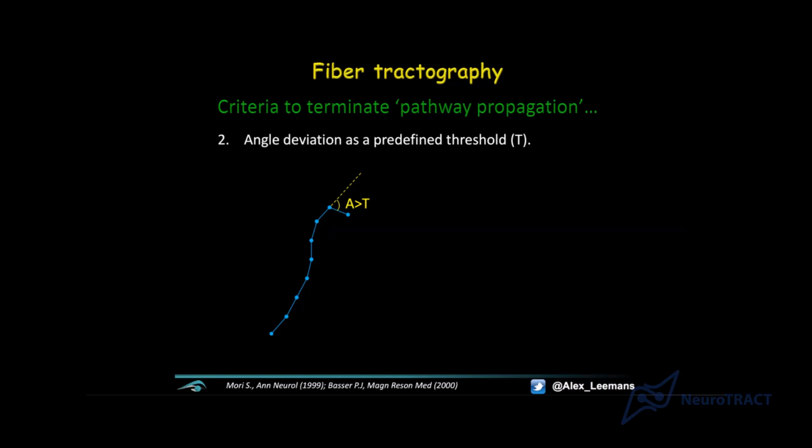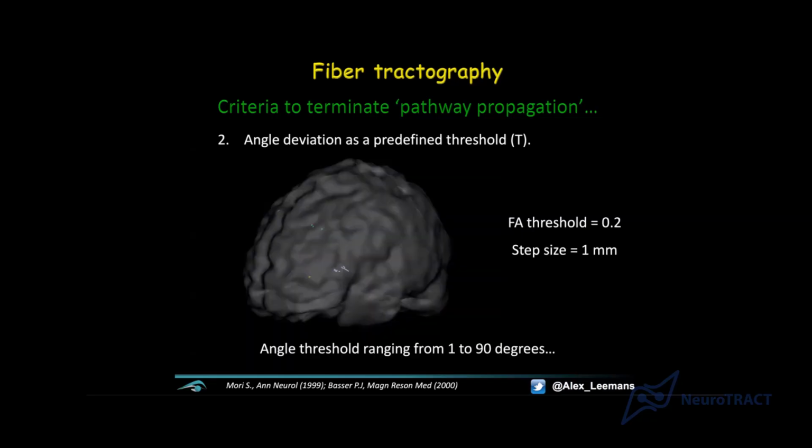The tractography algorithm then says, okay, at this last piece, forget about that, because the angle deviation was so large, it's not really plausible as being part of the pathway. So perhaps it's better to stop tracking and kick out the last segment, and then you end up with this pathway. Right? So let's look at an animation.